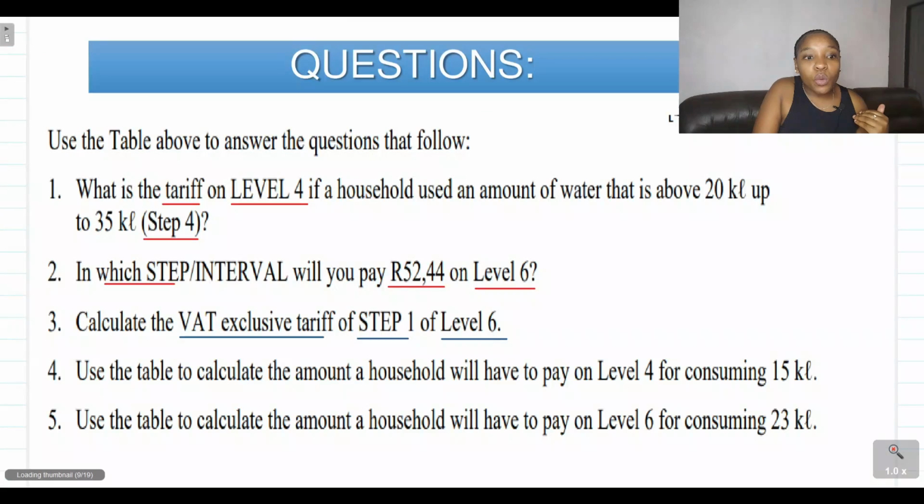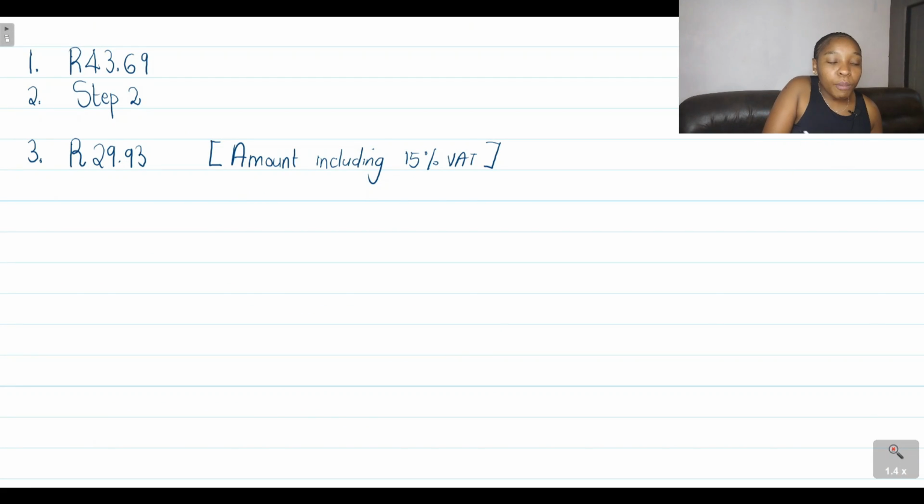However, the question wants us to calculate the VAT exclusive tariff, right? So what would that amount be if the VAT of 15% wasn't added? Okay, so what do we do, guys? Very, very important, you need to remember this method all the time. You think: the amount including VAT is equal to 115%.